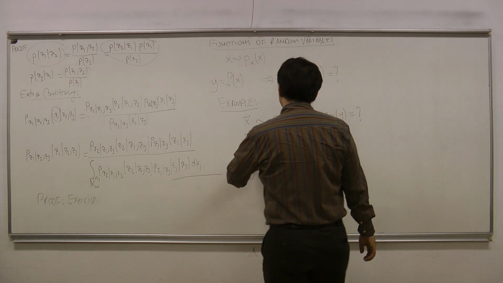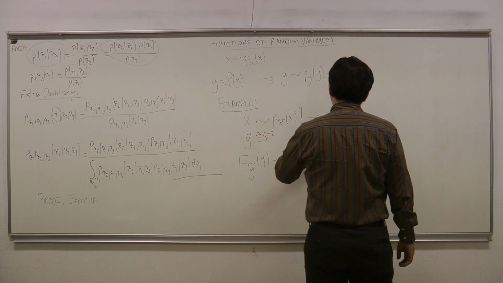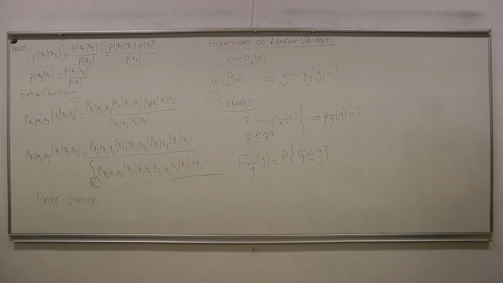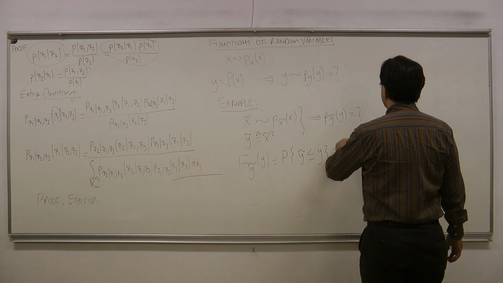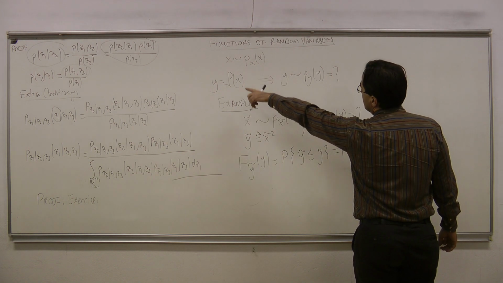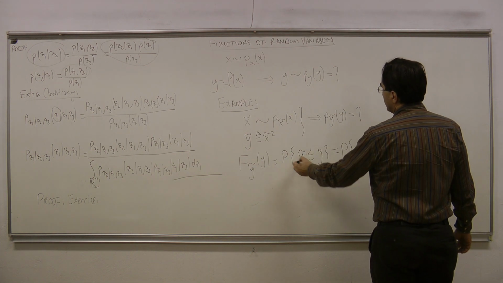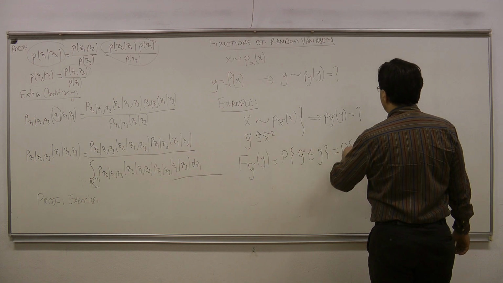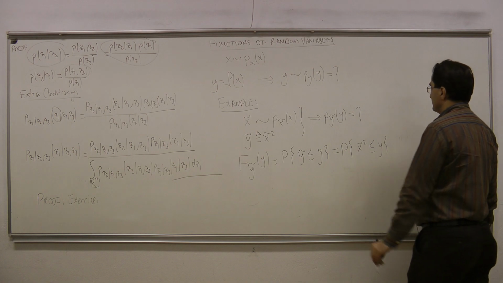So F of y tilde of y is equal to the probability of y tilde smaller than or equal to y. Then I will try to connect this with the distribution of the random variable x. If y tilde is smaller than or equal to y, then y tilde, which is x tilde squared, is smaller than or equal to y.